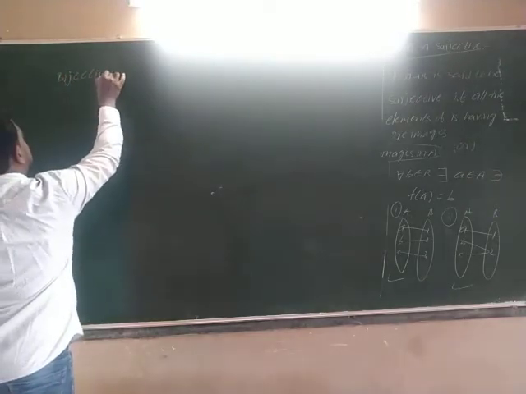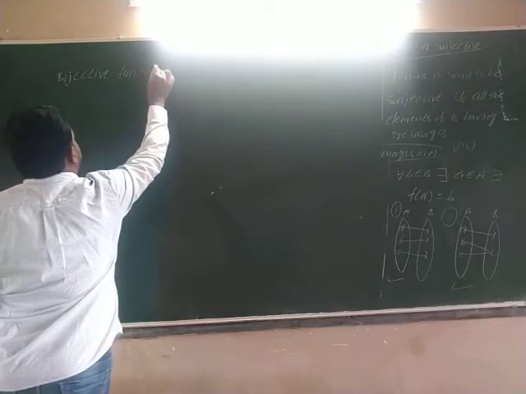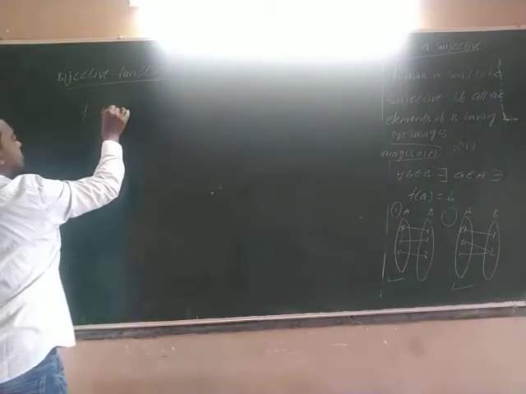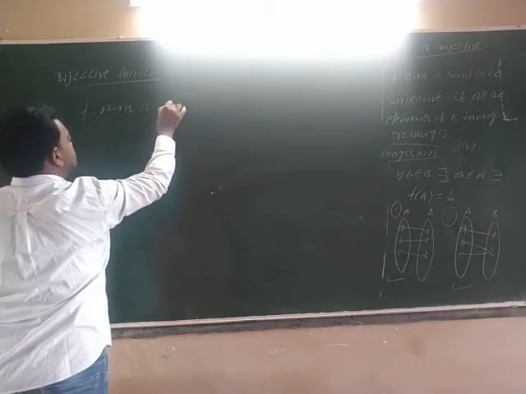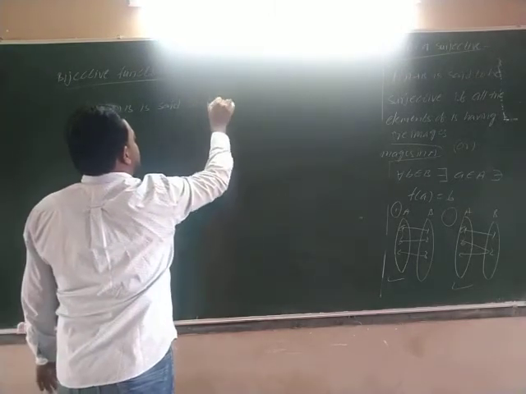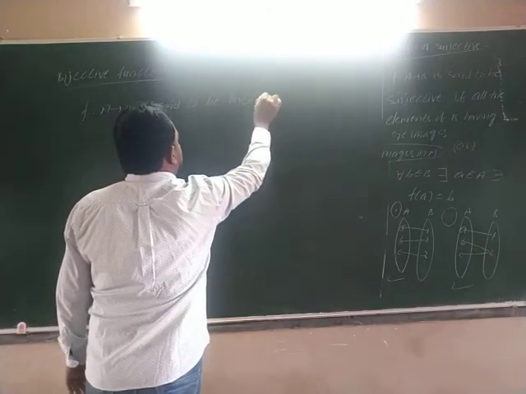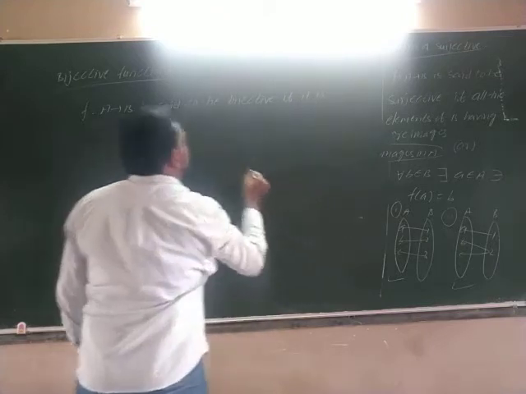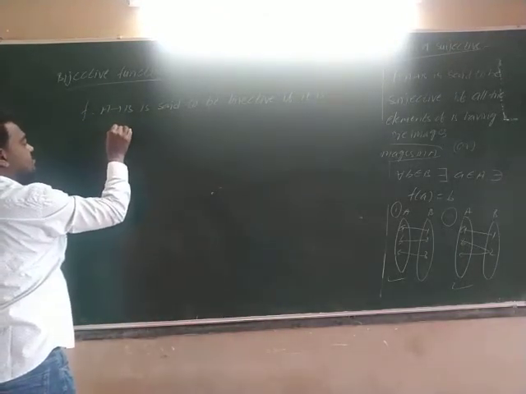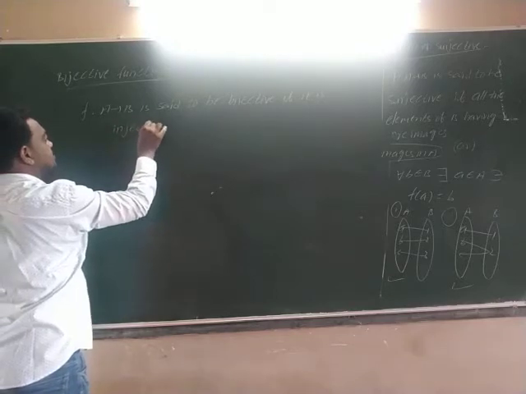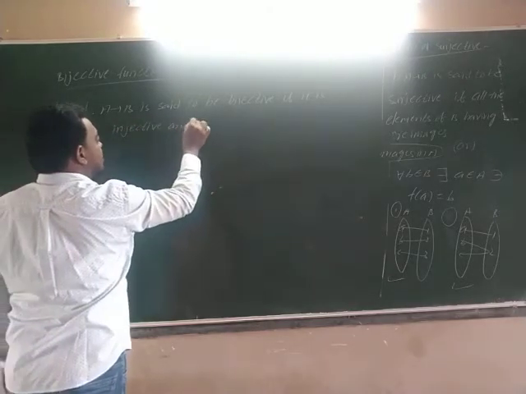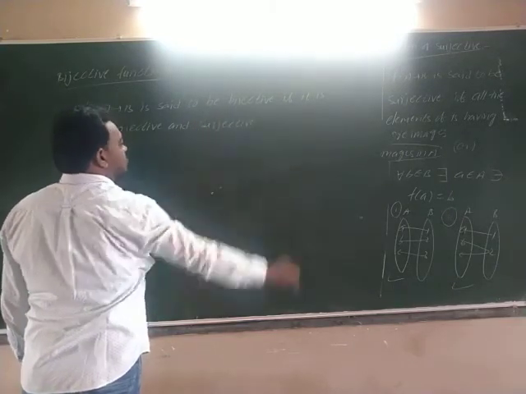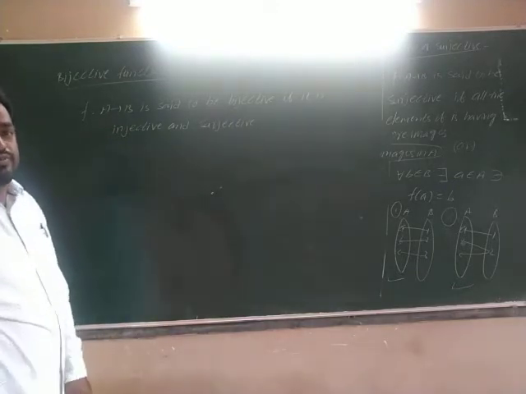A function f mapping from A to B is said to be bijective if it is one-one, meaning injective, and onto, otherwise surjective. If it is injective and surjective, then it is called bijective function.